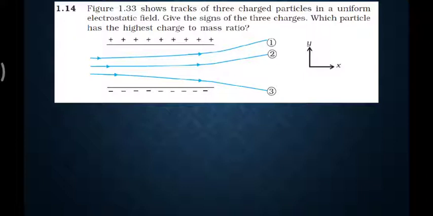And the third one is attracted towards the negative side, so it should be positively charged, and it is repelled from the positive side, so it has to be positive. So I can judge without reading the answer that the 1 and 2 charges have to be negatively charged, and the third charge should be positively charged.